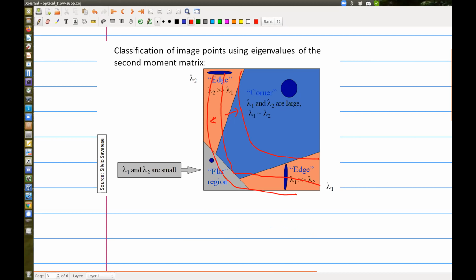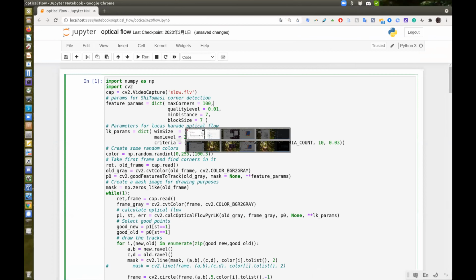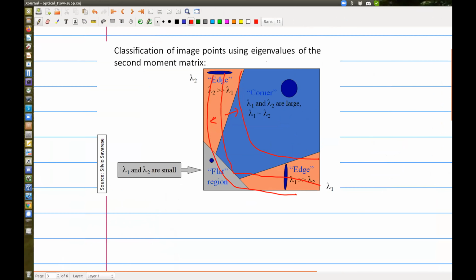Maybe just an A/B question. If I decrease this quality level here, as I did earlier, from 0.3 to 0.01, should it be option A or option B? Is my question clear?